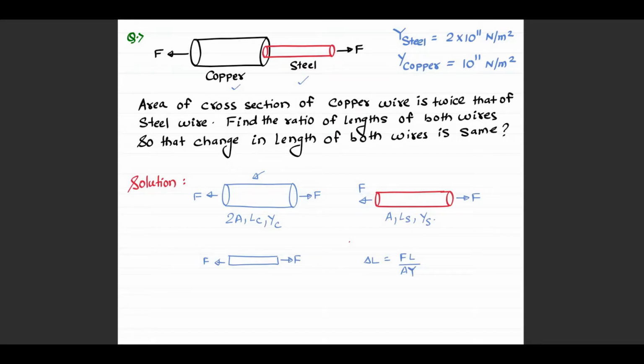So if I utilize the same concept, please remember, I want the same elongation in both of the wires. So can I say, for copper I can write like this. And for steel also, the change in length will be delta L, and I can write like this.